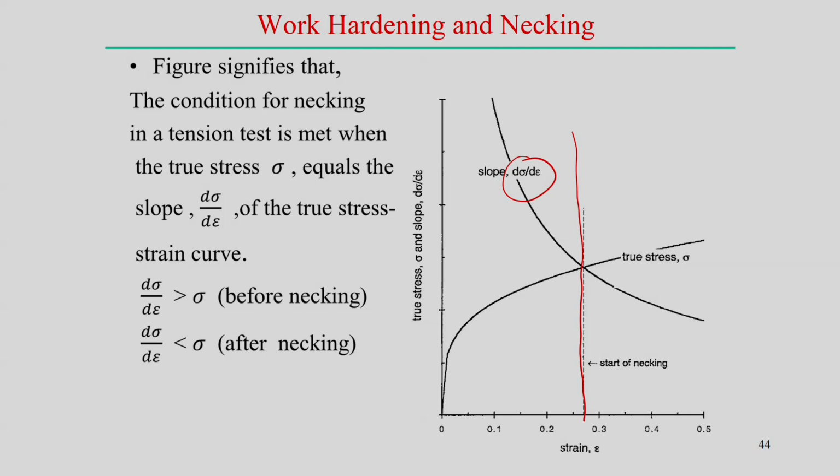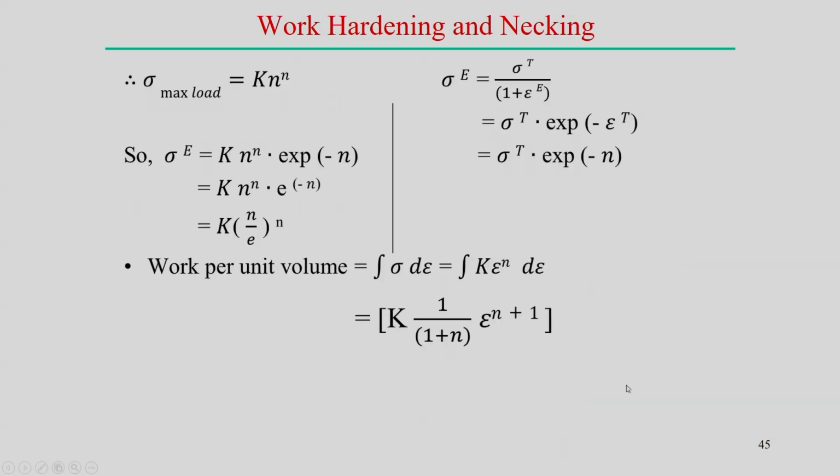Now, if d sigma by d epsilon is greater than sigma, that is, the slope is greater than the sigma curve, this side indicates before necking. And d sigma by d epsilon less than sigma actually indicates that this side is the necking situation.